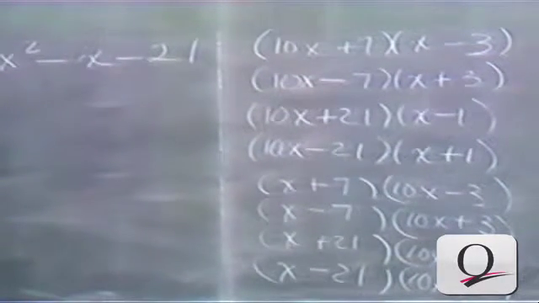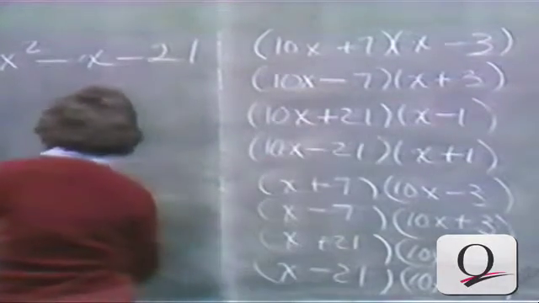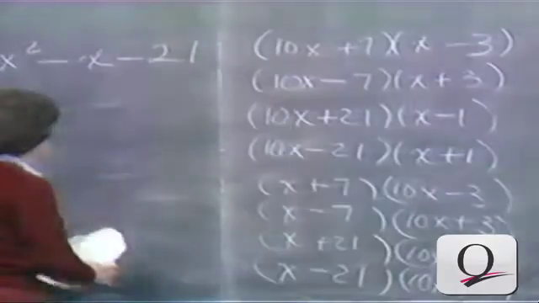That's all the ways we can make minus 21 mixed with the 10 and 1 way of making 10.